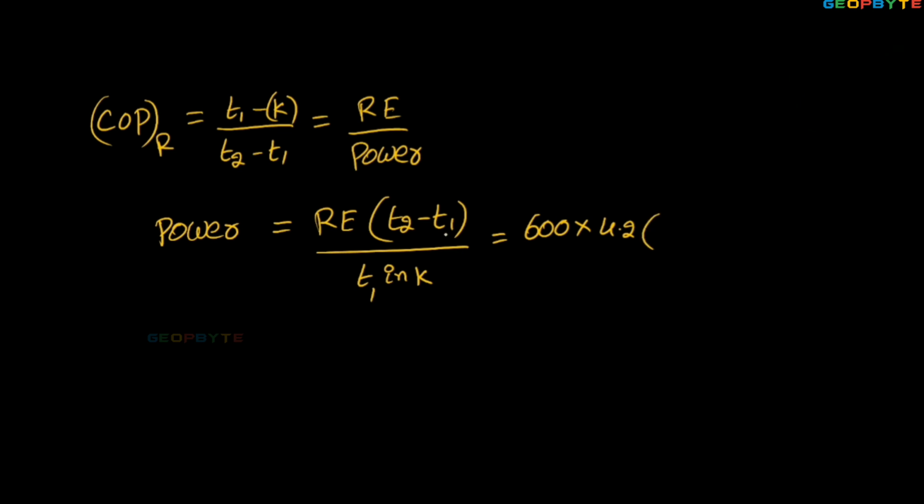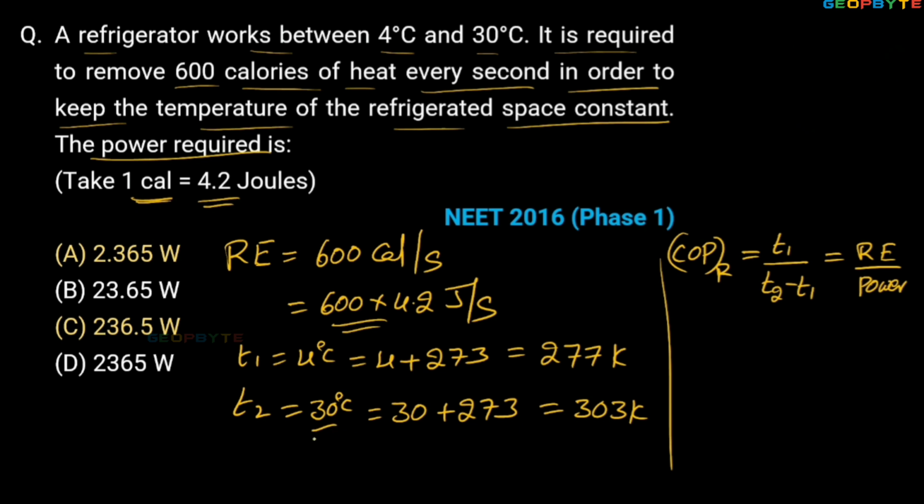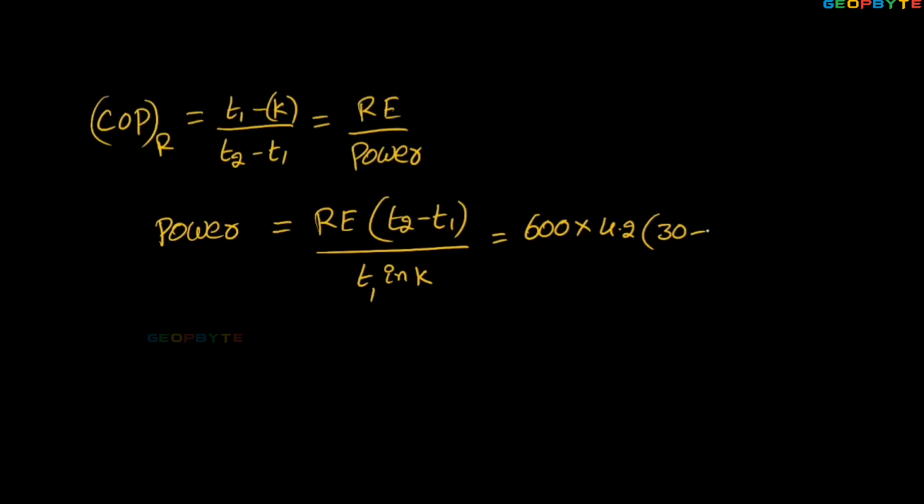Since T2 minus T1 is the difference, I can write either in degree centigrade or Kelvin. I can write directly 30 minus 4, divided by the denominator, which should be in Kelvin, 277. Right? Simplified.